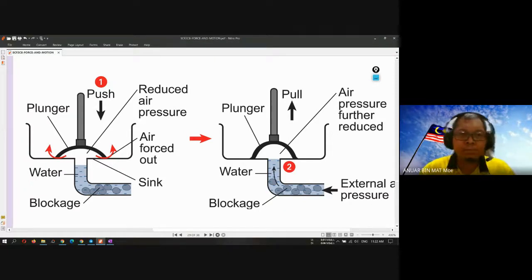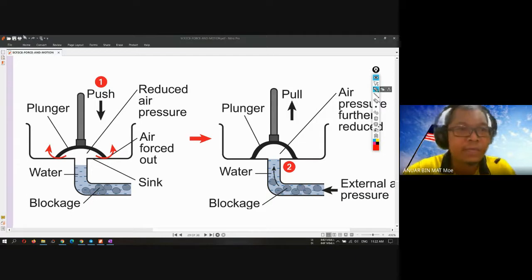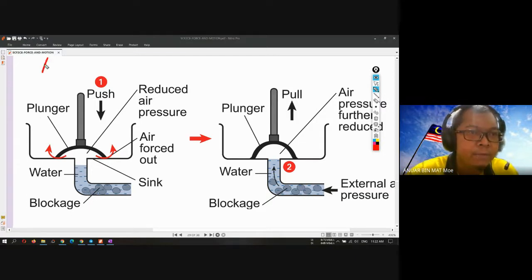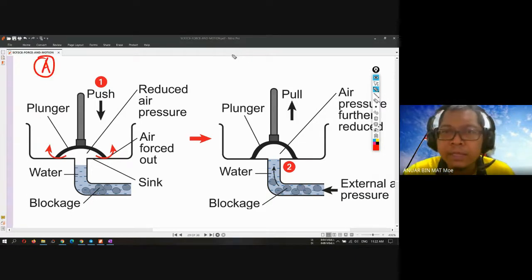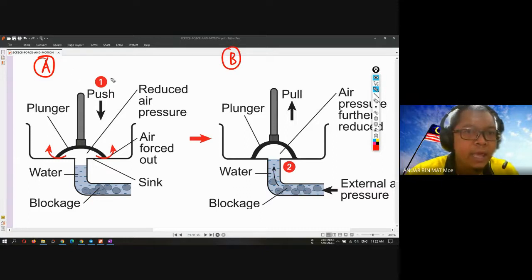Okay, for example, take a look at the first diagram on the page, A, and then B. At A, you push the plunger downward. So what happened to the air pressure inside?